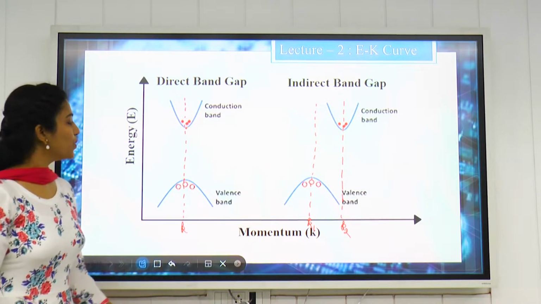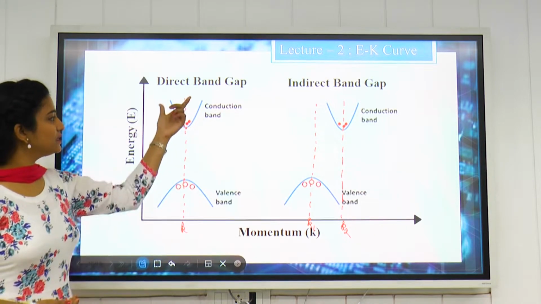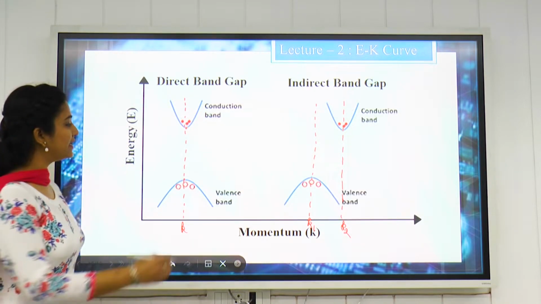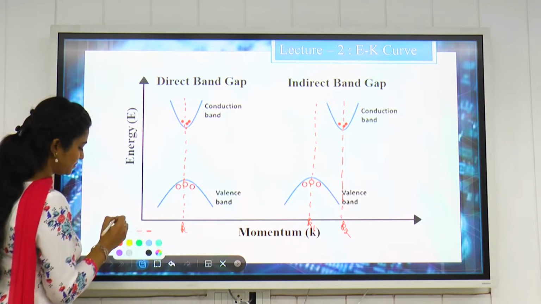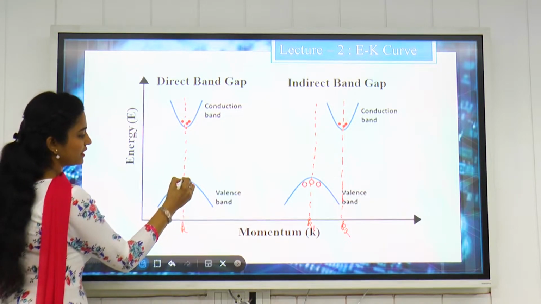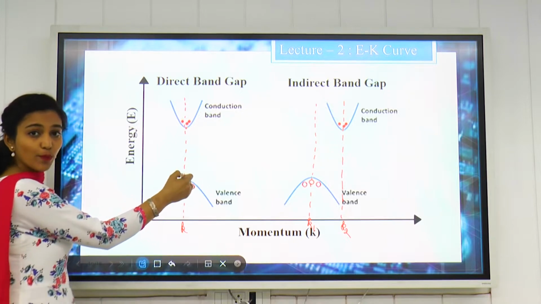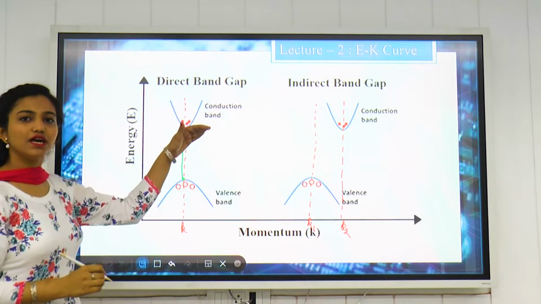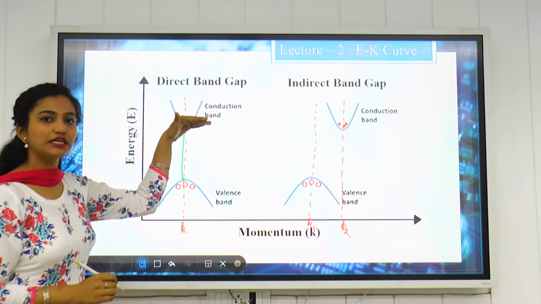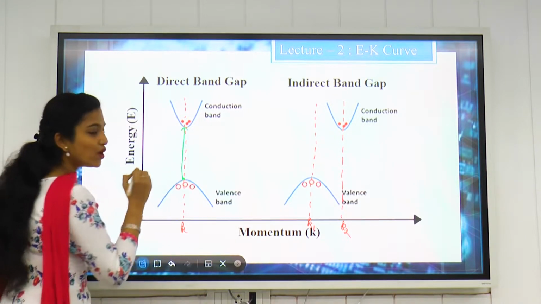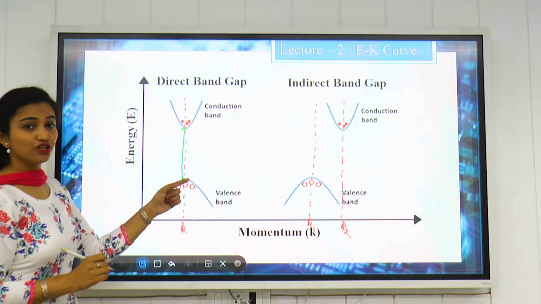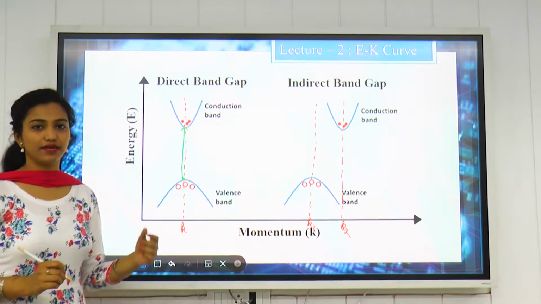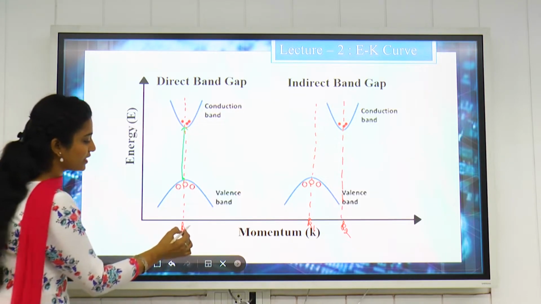Alright. So what is the problem with this kind of differentiation between the bands? When the electron gets excited from the top of the valence band to the very first allowed energy level, that is the bottom of the conduction band, it will leave a hole here, and it is easy for the electron to go to the conduction band, the high energy state, without any change in k.